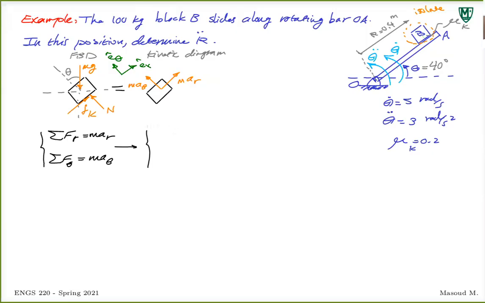All right, so components of the force in r direction. What do we have there? How do you decompose the forces you have in r direction and whether they're going to be positive or negative?